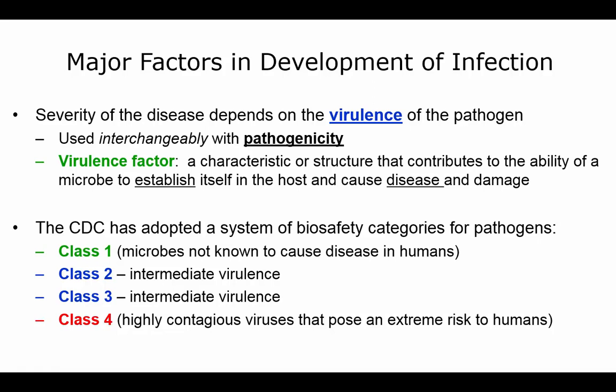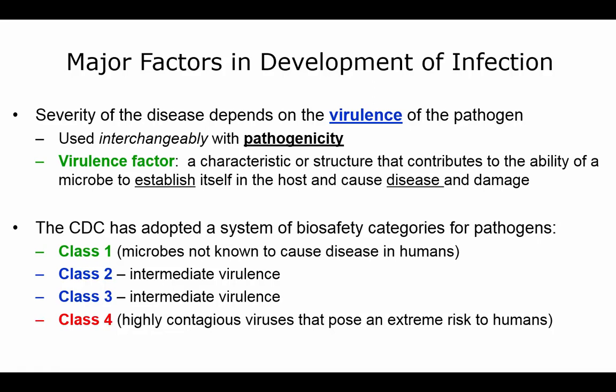Class 1 microbes are not known to cause disease, so they're not very dangerous to us. Class 2 and class 3 get a little more dangerous. When you get to class 4, these are highly contagious, highly virulent, and highly dangerous as far as the potential to cause an infection.